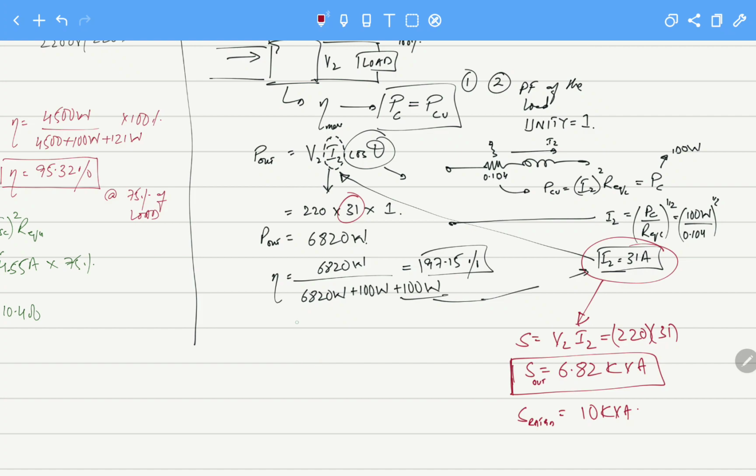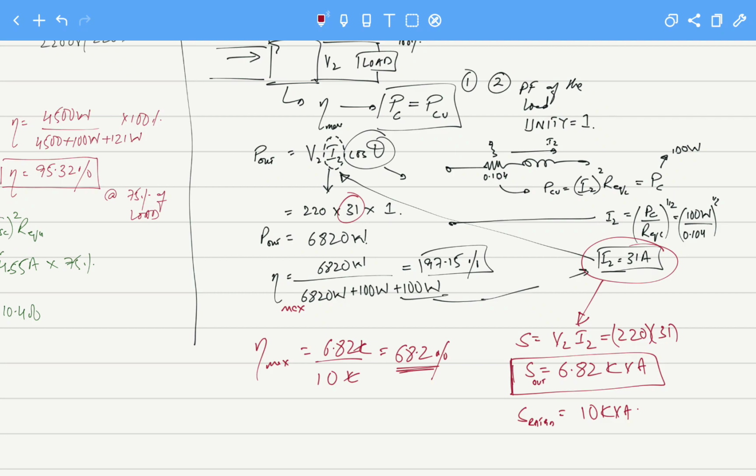So the maximum efficiency occurs at 6.82 divided by 10, 68.2% of the rated power. What they are trying to say is that the transformer has to run 24/7, every day, every night for the whole year.